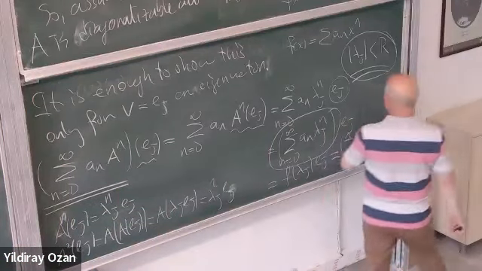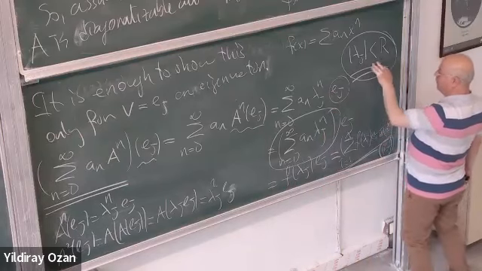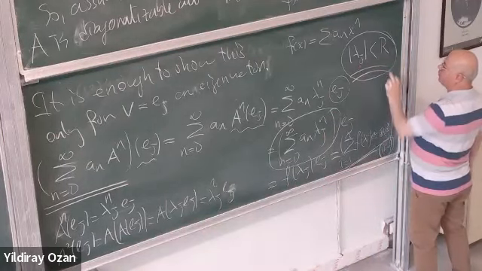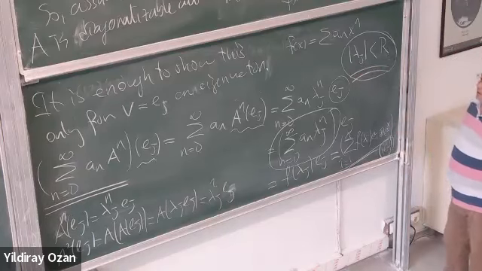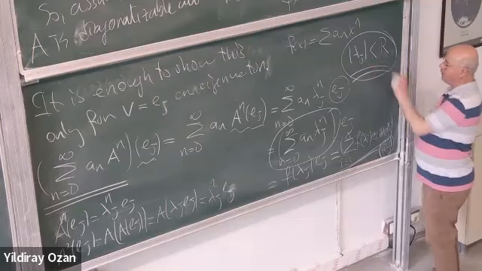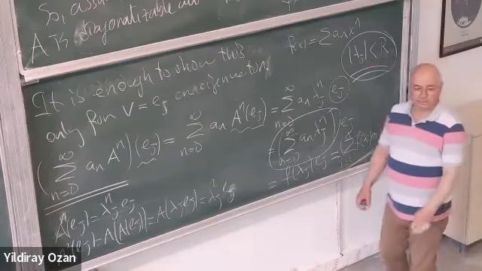But here, for this to be convergent, the eigenvalue must have norm less than the radius of convergence.